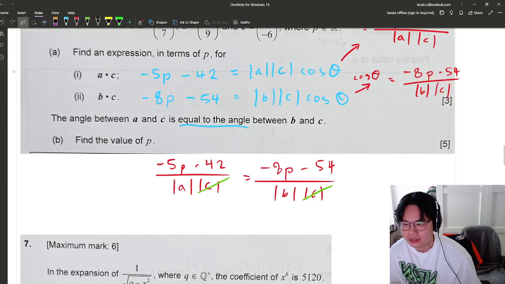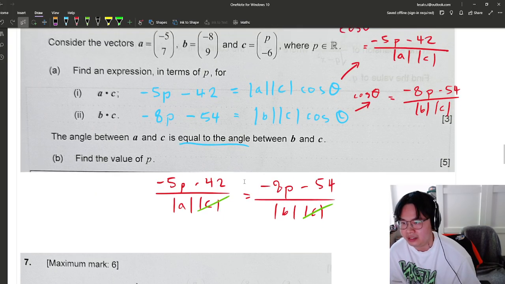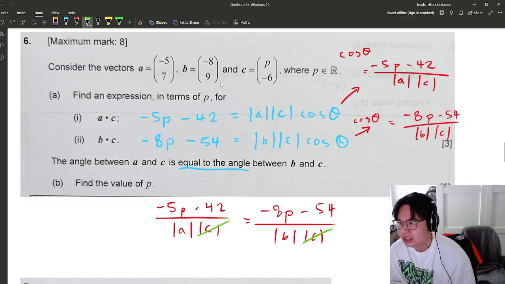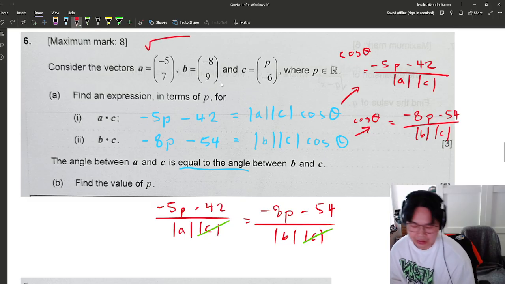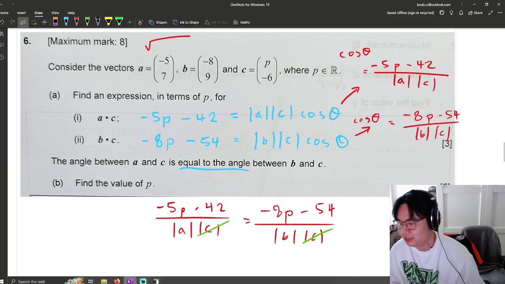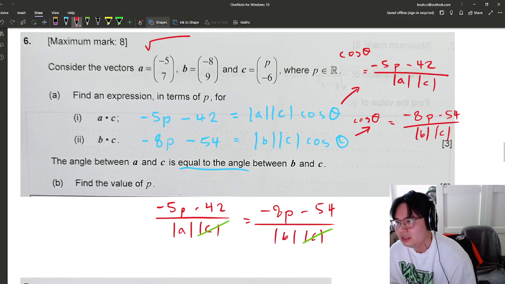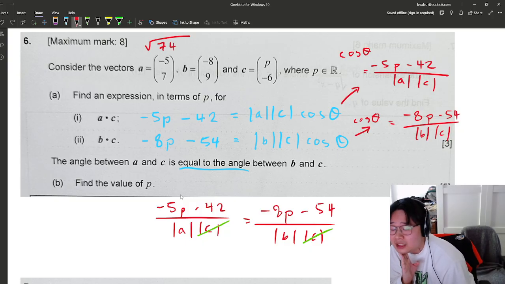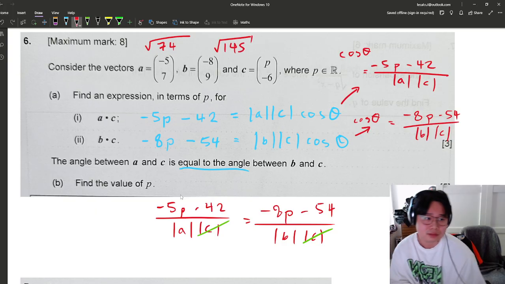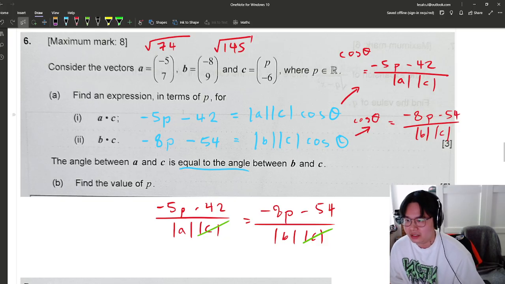Length of A is root of 25 plus 49, which is root 74. And 64 plus 81 is 145 maybe? Okay, and then you can solve for P.